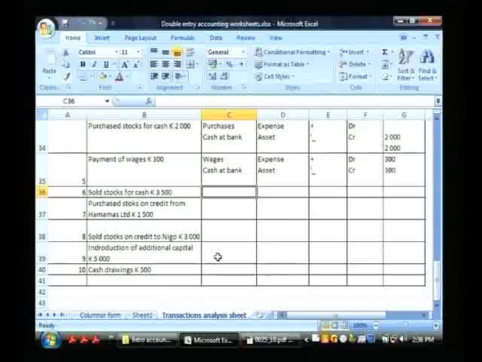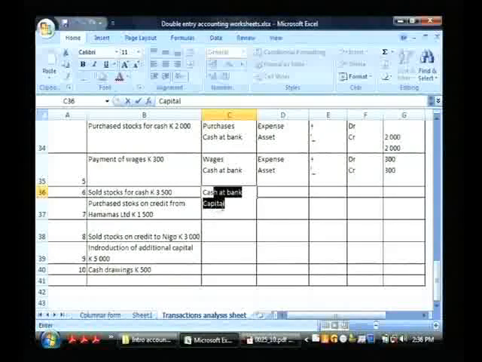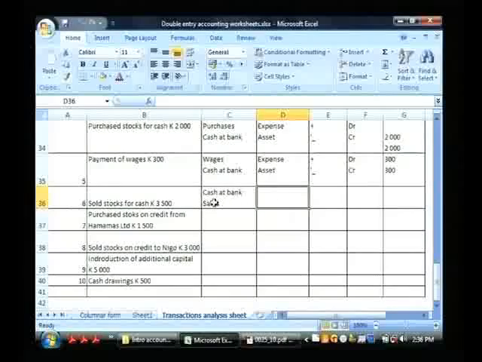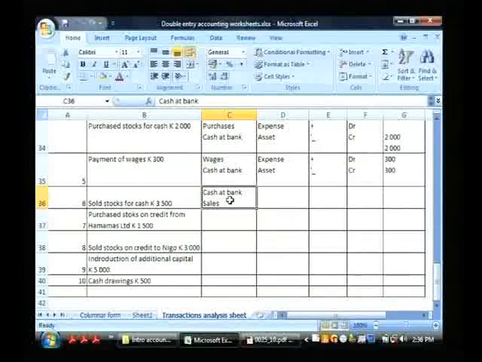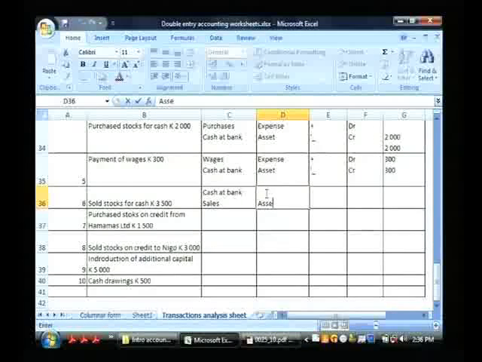Sold stocks for cash. So that means cash at bank and sales. When stocks are sold, we have to have a separate account called sales. Cash at bank, an asset, sales, revenue.